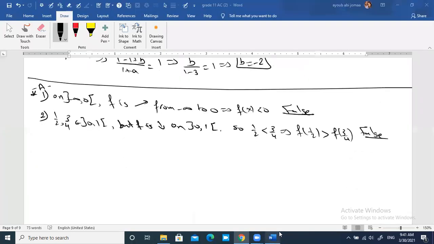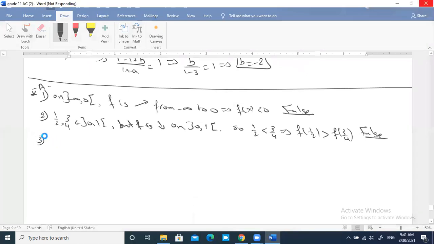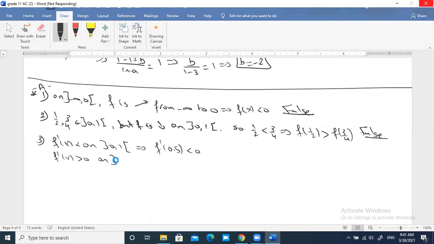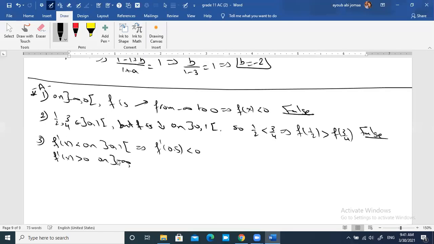So true. f prime of x is negative on the interval 0, 1, it means that f prime of 0.5 is negative. f prime of x is positive on the interval negative infinity to 0, it means that f prime of negative 0.5 will be positive.